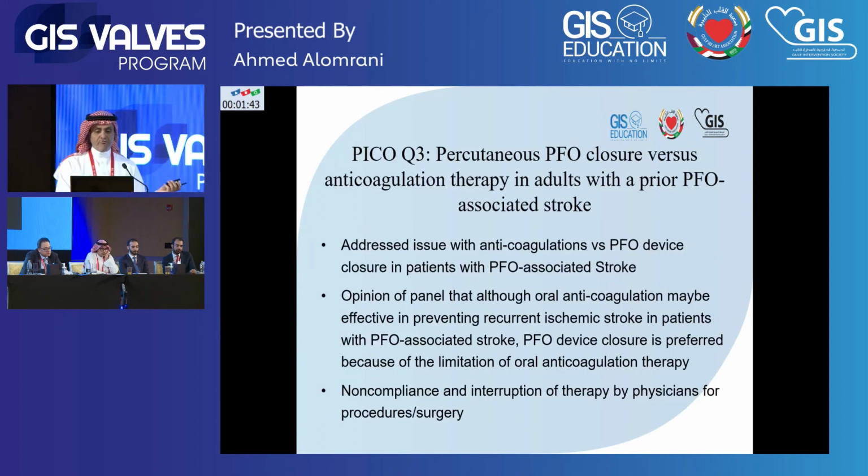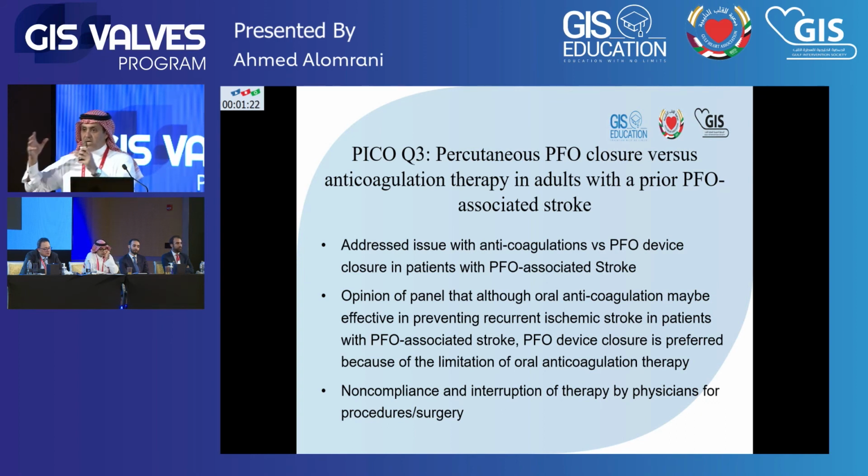Going to question 3, whether it's PFO closure versus anticoagulation therapy with a prior stroke, the panel advised PFO closure, although anticoagulation may be effective in preventing recurrent ischemic stroke with PFO. All of this, with question number 4, is because of patient compliance.